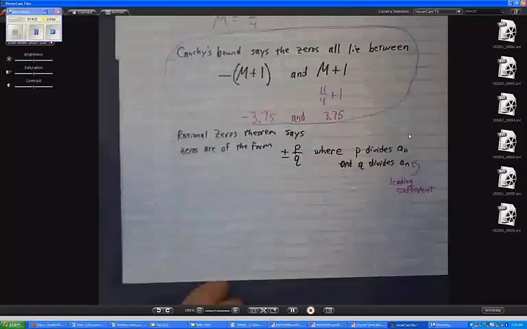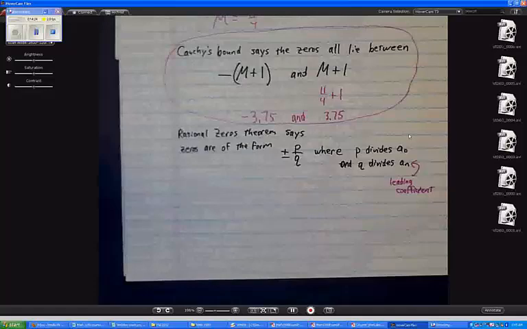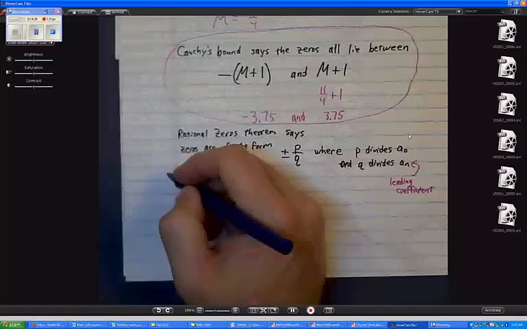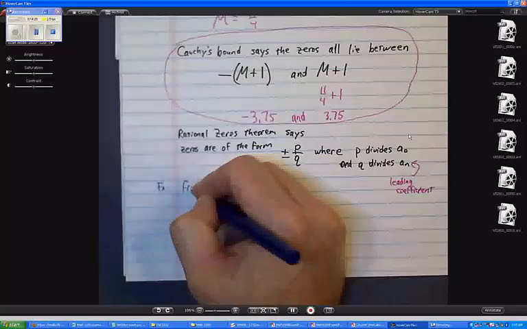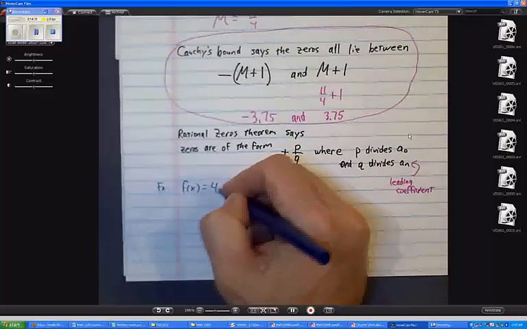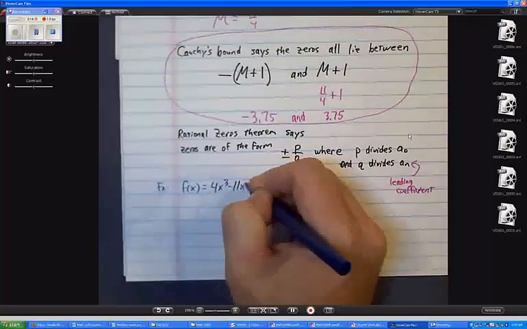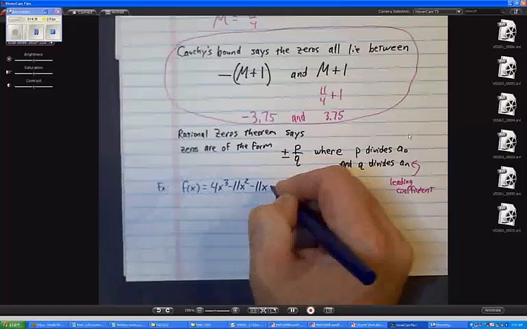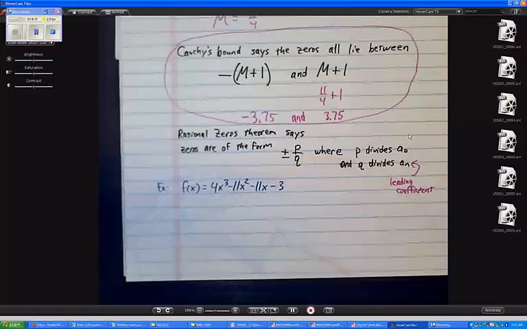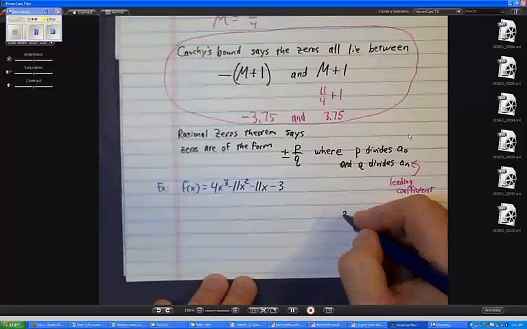Here, I'm going to go ahead and write it down again so we can see it. My example, f of x is 4x cubed minus 11x squared minus 11x minus 3. That's the example I have. Okay? So AN is 4.